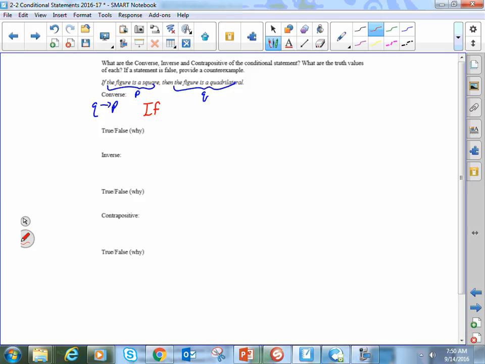So I'm going to say, if the figure is a quadrilateral, then, and we'll put the hypothesis next, the figure is a square.